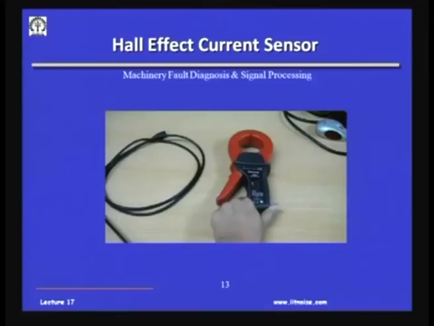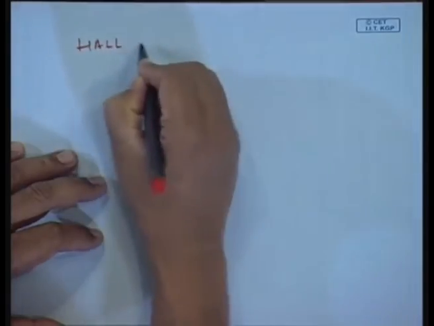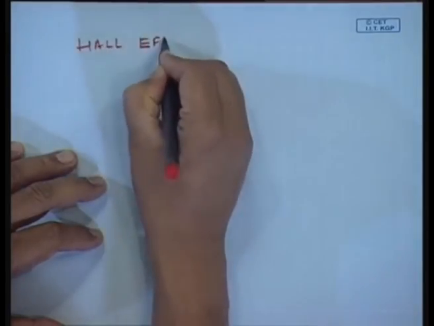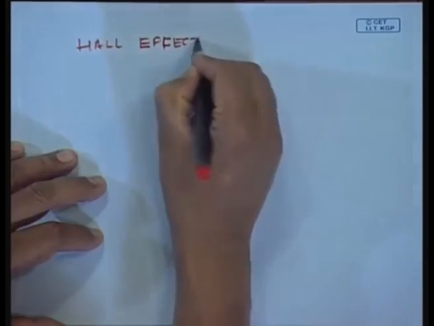Now, another transducer which you use is the Hall effect sensor.